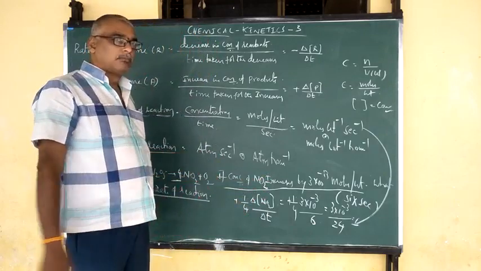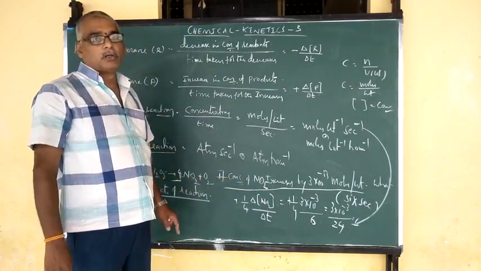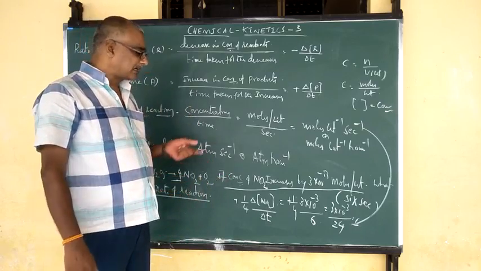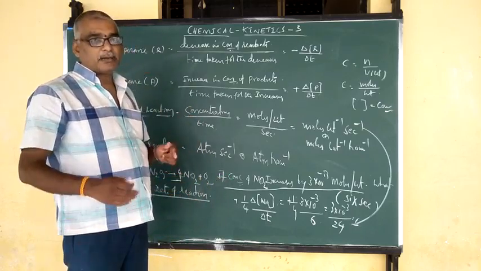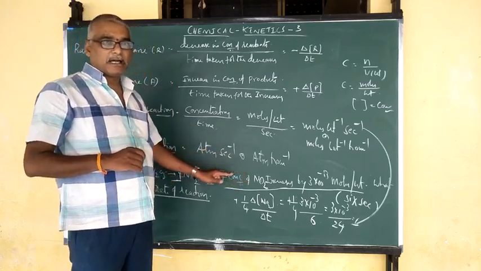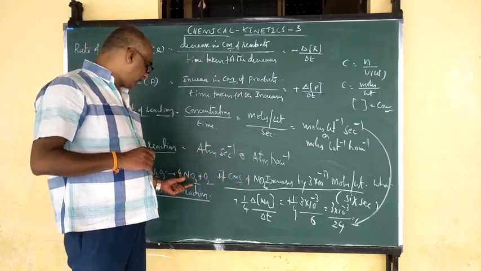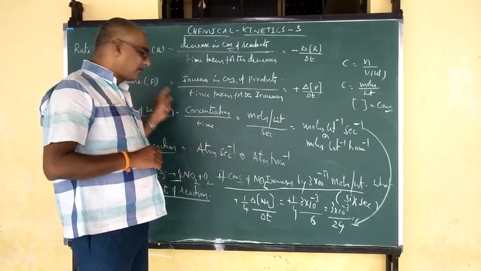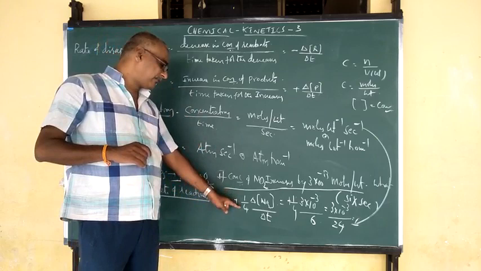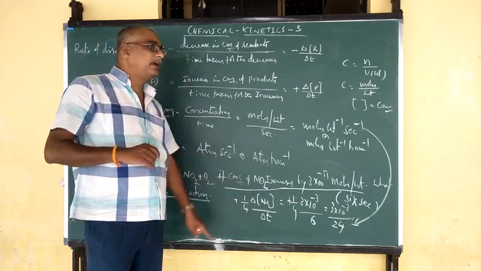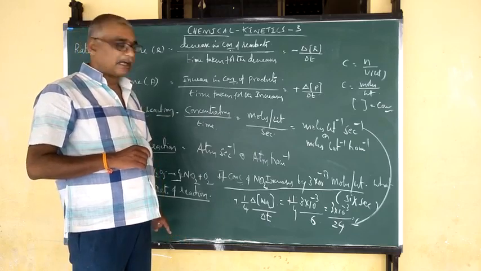In this problem, the concentration of NO2 increases by 3 into 10 power minus 13, so you take only the products. Why? Because it increases, it is the rate of appearance. With coefficient 4, the rate of appearance is 1 by 4 delta concentration of NO2 divided by the change in time.